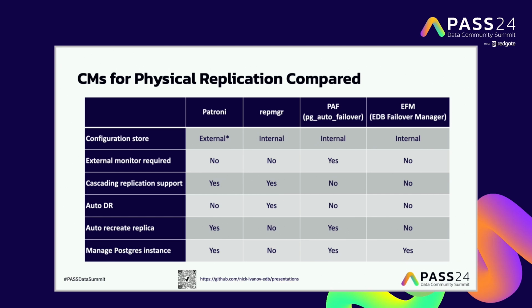So when I say configuration store, what I mean is, an example of Patroni is that it doesn't store the cluster state inside the Patroni process itself. Instead, it uses an external distributed configuration store like etcd or other things that maintain the consistent distributed data store for them.